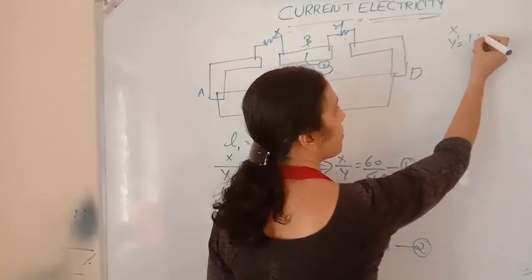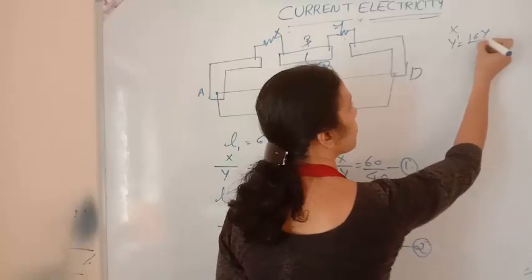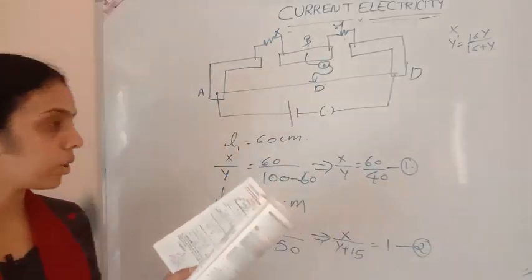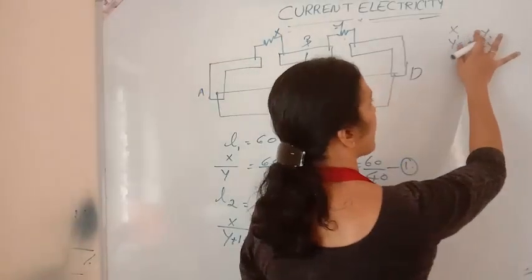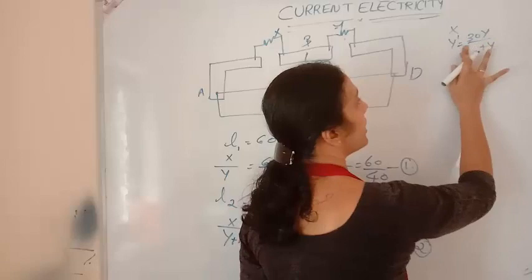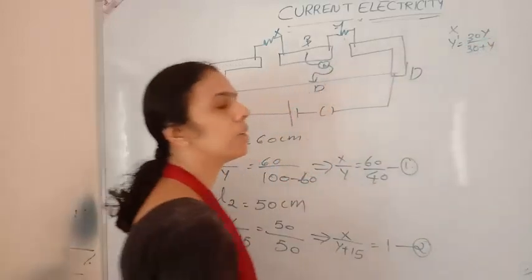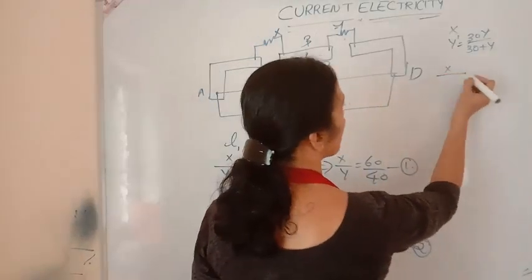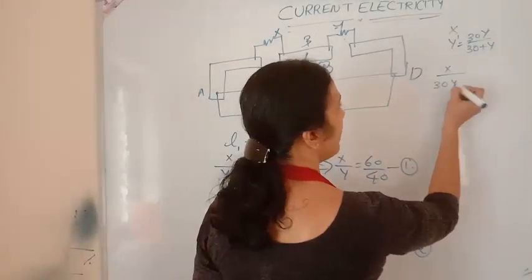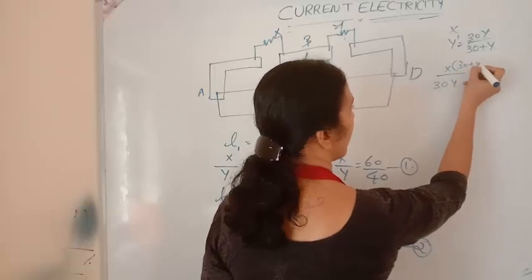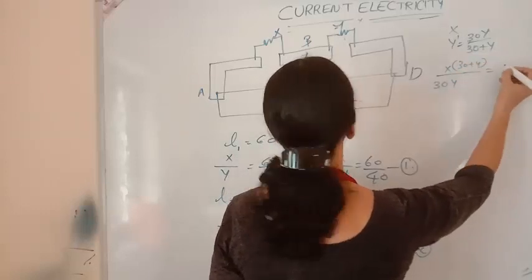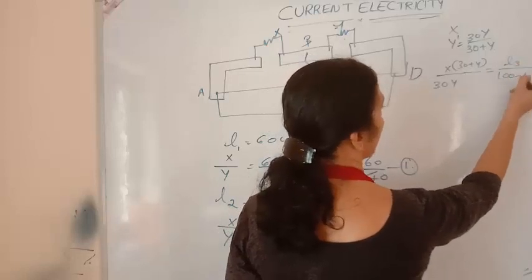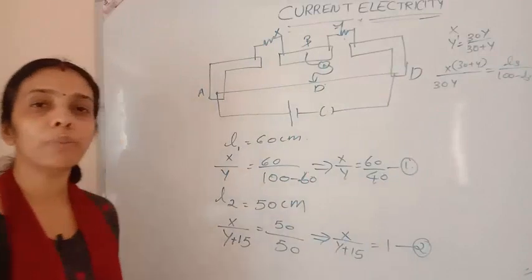Instead of Y we will get 30 into Y divided by 30 plus Y. 30 ohm is connected in parallel. This is the new resistance over there. So we will get X divided by (30Y divided by (30 plus Y)) equals L3 divided by 100 minus L3. This L3 only we need to find out.